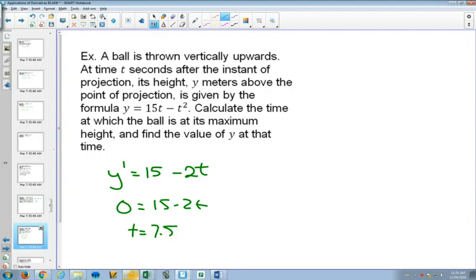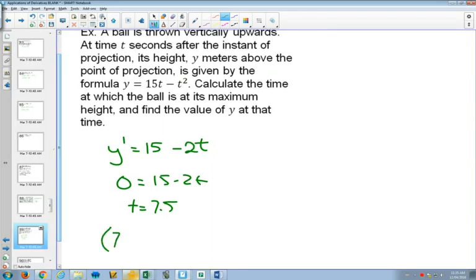If we want to find out exactly what that point is, well, we know the time is 7.5. We can plug 7.5 back into our original equation: 15 times 7.5 minus 7.5 squared, and we get 56.25.